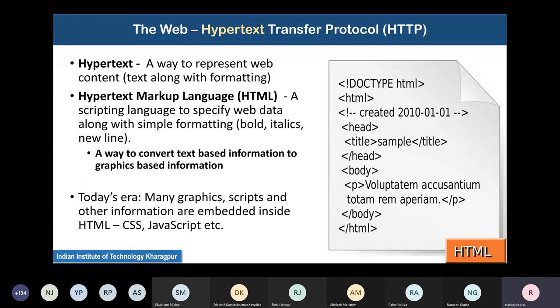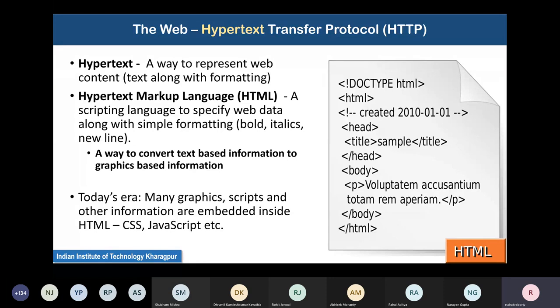Now try to understand what a web page is that you see on a browser. HTML is not this simple nowadays. Many graphics, other scripts and other information can be embedded inside HTML. CSS, JavaScript, etc. JavaScripts by themselves are small code snippets which get executed on the fly by your browser.